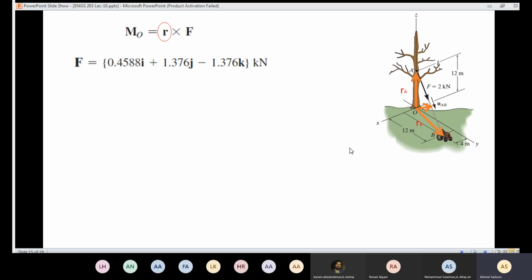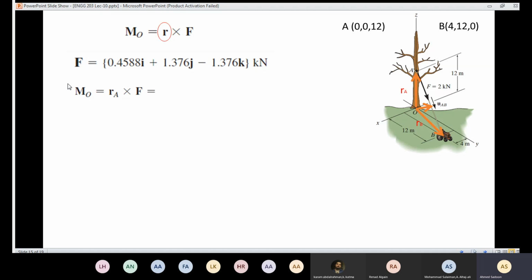Also, it satisfies the condition as long as the position vector is directed from the point O to that point B. So I have to be clever in choosing which point to use to determine the value of R. Before that, of course, I need to know the coordinates of A, which we already calculated, and the coordinate of B.